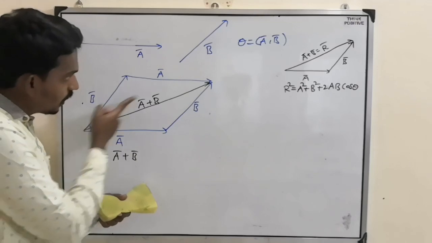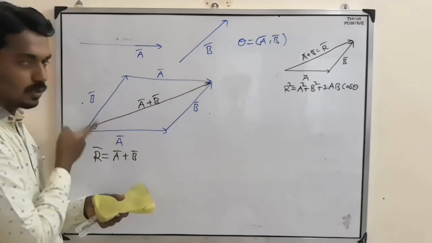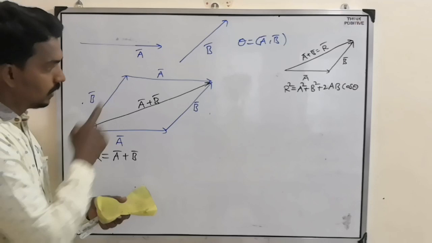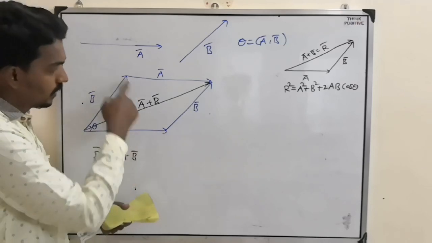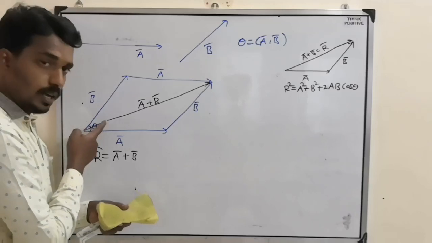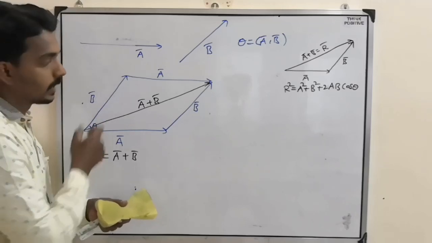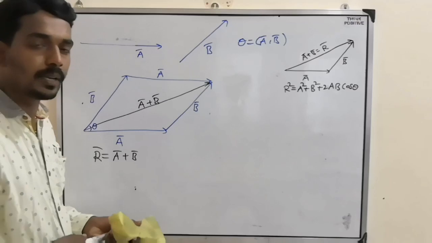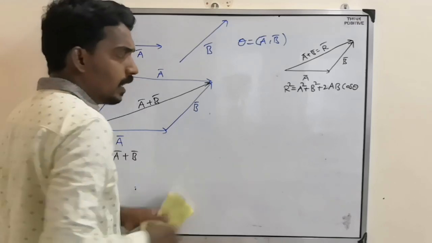Then the diagonal between the two sides, this is also a diagonal, but this is not between the two vectors. So the diagonal between the two vectors gives the resultant of a bar and b bar.